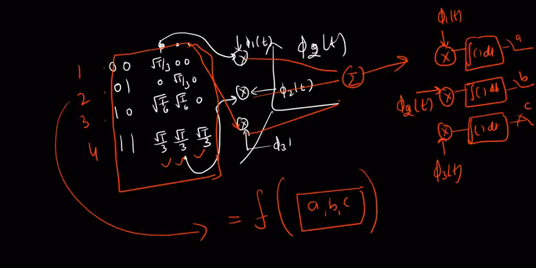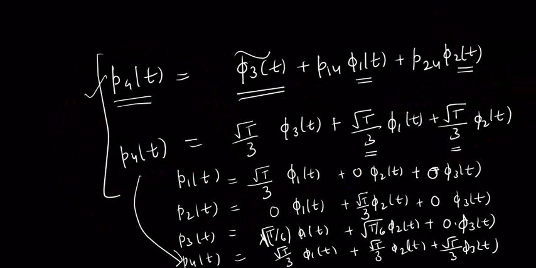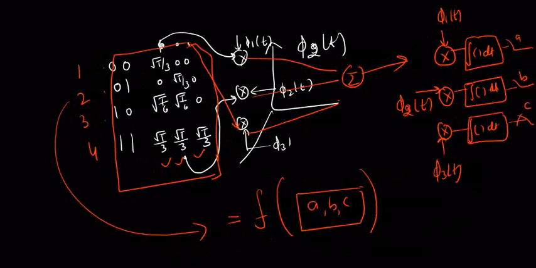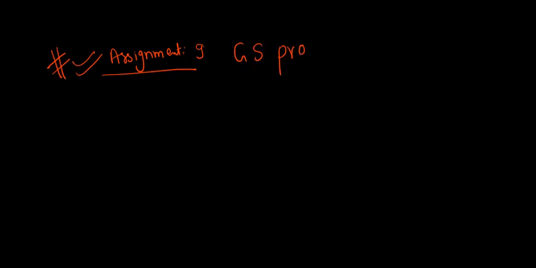And you should verify the two examples we did today using your code. You understood? So this is assignment number 9. For the rest of the assignments, I will float where to submit it. But just do it. You can name it Gram-Schmidt procedure, and you can do it.